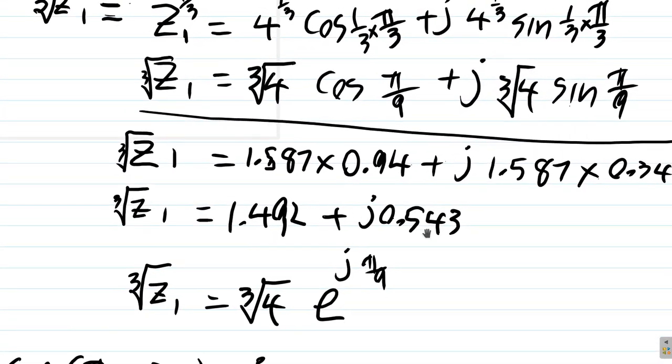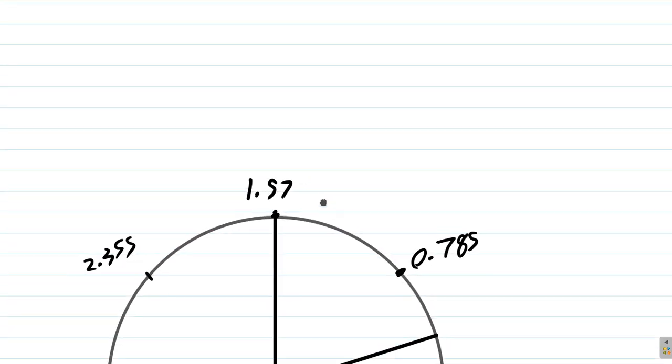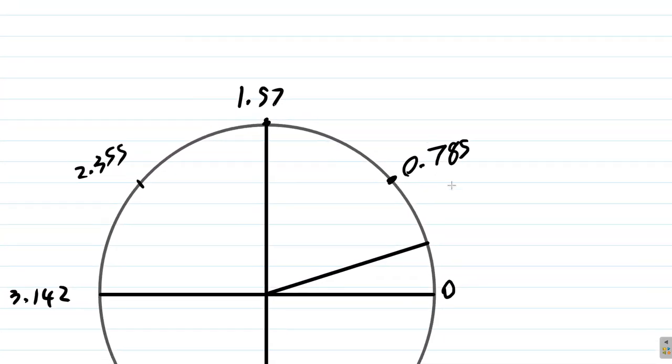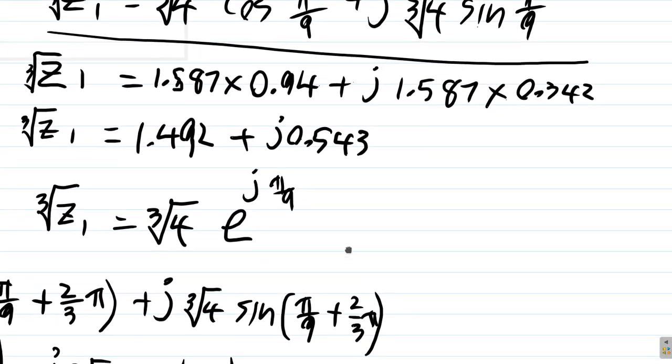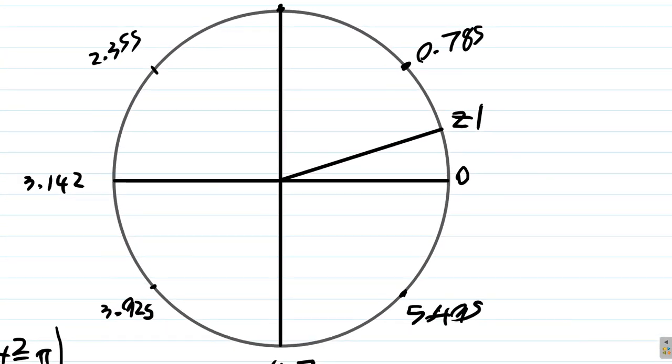So this would be z1. Remember, the distance from the center out here would be 1.587. So we go close to it.